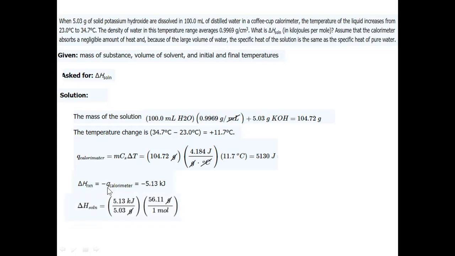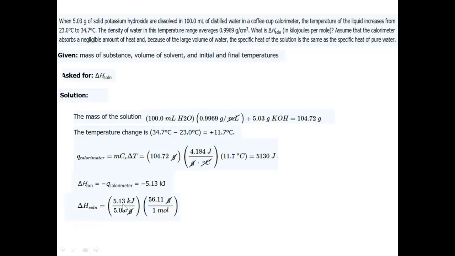Now, to determine the enthalpy of solution in kilojoules per mole, we divide this by the amount of the substance, which is the potassium hydroxide.